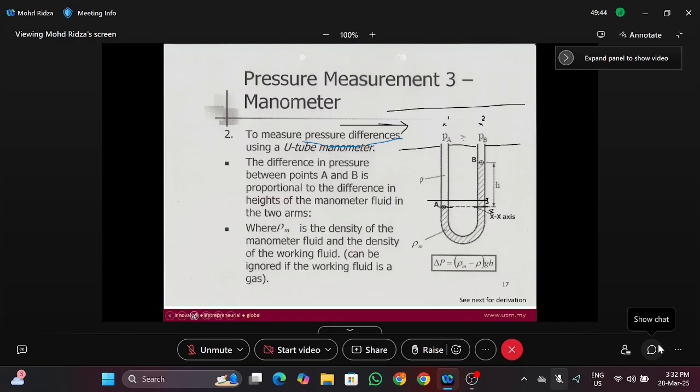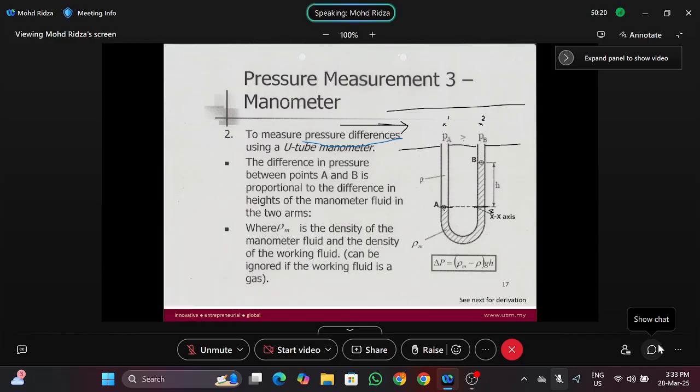Okay, so now we have picked 2 points which have the same pressure because they have the same elevation, connected by the same liquid, which is the manometer liquid, and it is not moving. I mentioned not moving because points 1 and 2 are at the same elevation and connected by the same liquid, but it's a moving fluid. So the pressure can be different. So I have to mention not moving.